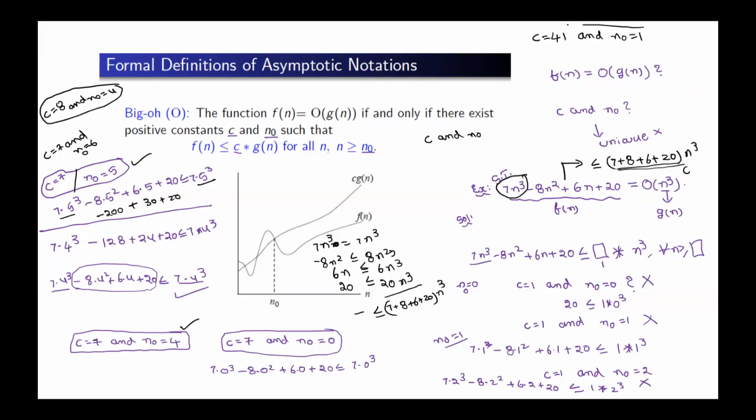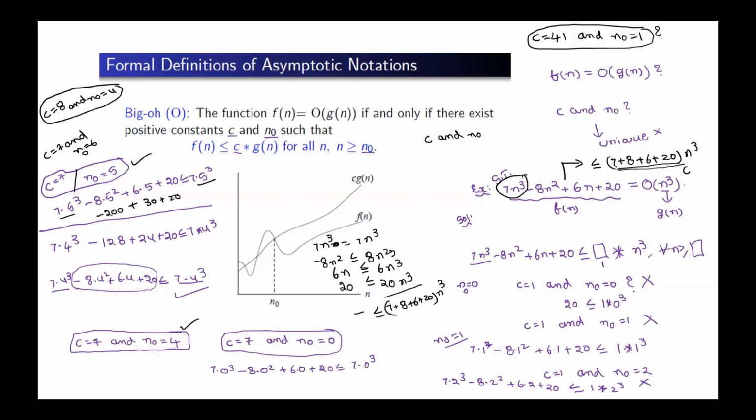Whether it satisfies or not? 7 n cube minus 8 n square, the left hand side automatically satisfies, no? Yes, sir. Why? Because simple logic.